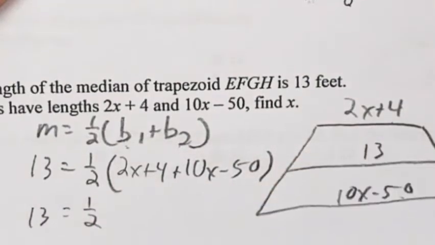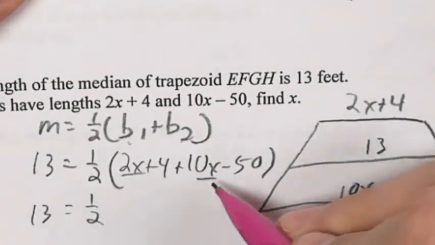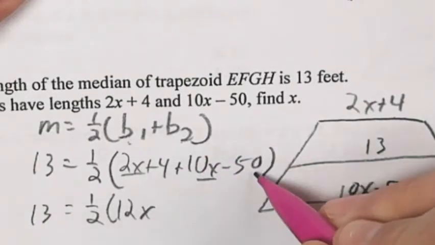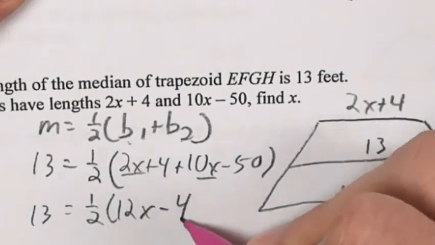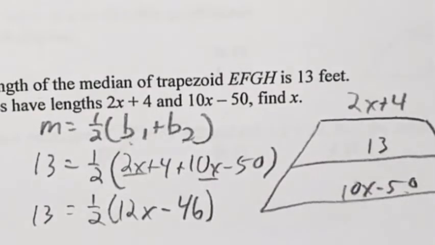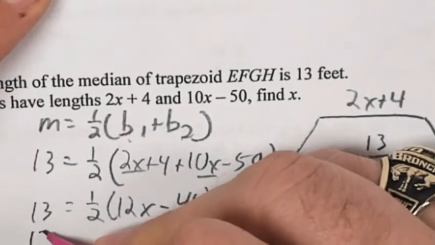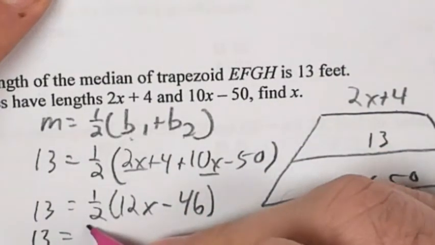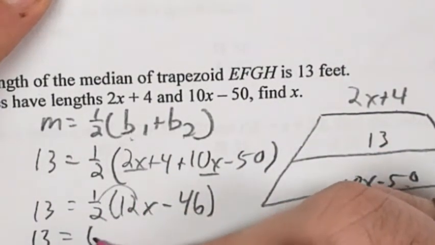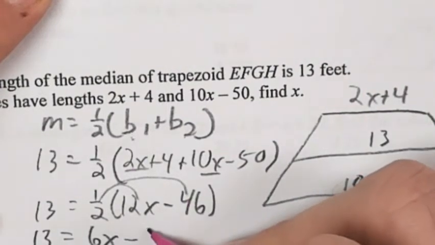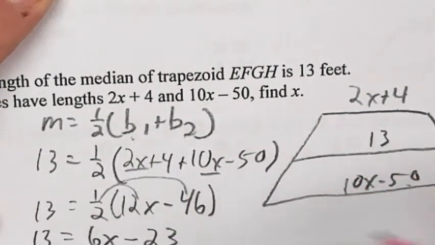Let's consolidate some stuff here. 2x plus 10x is 12x, and 4 minus 50 is minus 46. Now let's distribute the 1/2. 13 equals 1/2 times 12x is 6x, and 1/2 times negative 46 is negative 23.